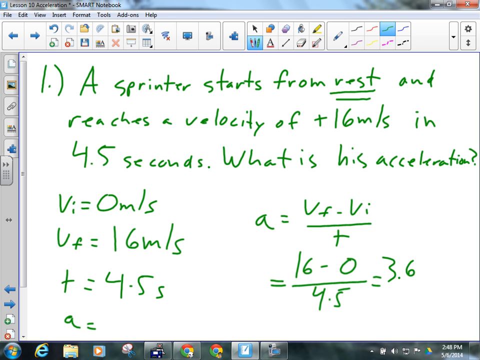Meters per second squared. Don't let that squared fool you. You don't need to square your number. For some reason, a lot of people think they have to do that. The meters per second squared is just the units. It doesn't mean to square anything. Does that one make sense? I'll give you guys a few minutes to get it copied down, and then we'll go on to the next one.